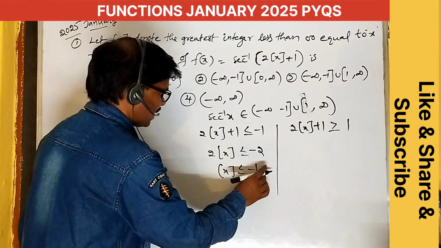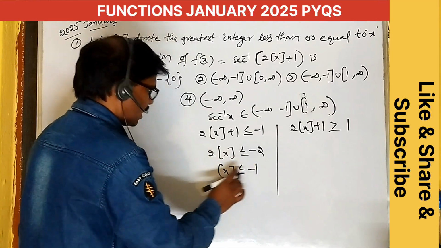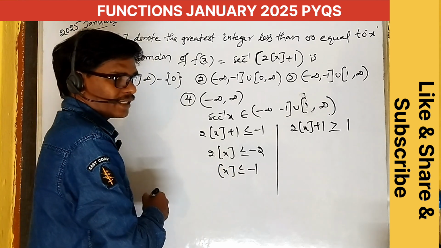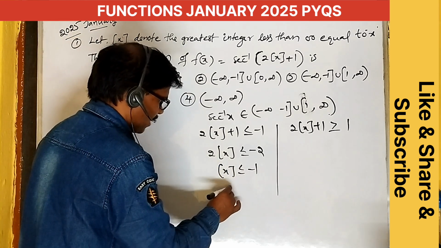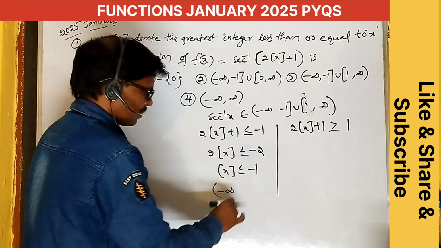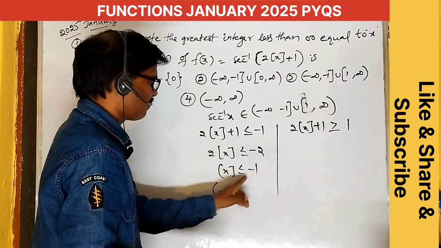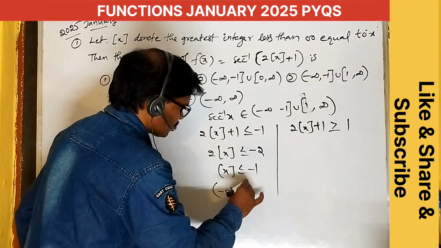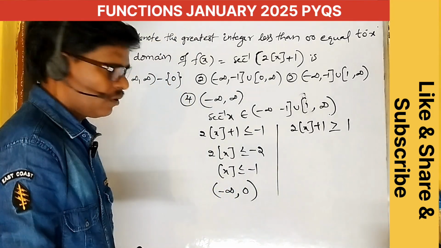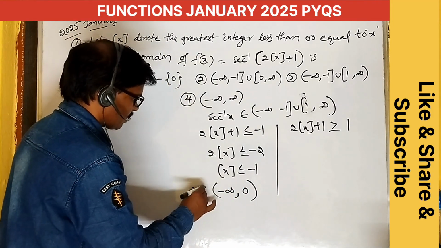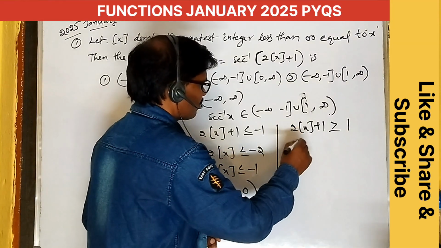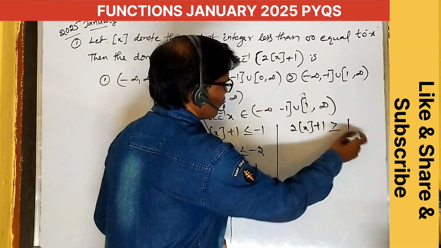Means x belongs to minus infinity open interval, comma, up to 0 open interval, since [x] equal to minus 1 means x is less than 0.